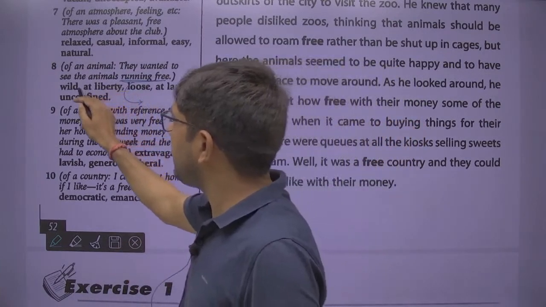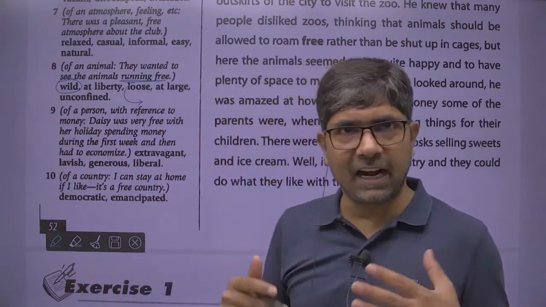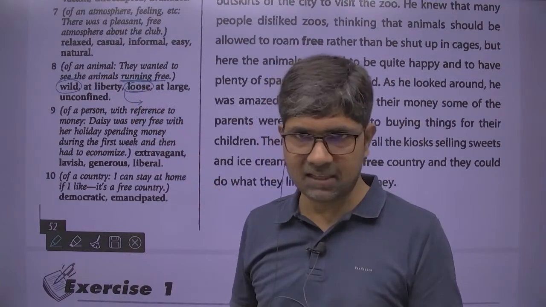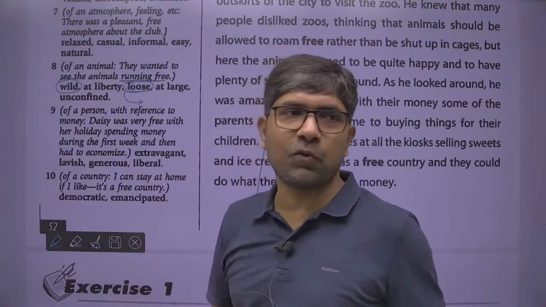So see the animals running wild, running at liberty, running loose. It means they were not chained. If you want to see the animals running free, it means you unleash the chain. You unleash the dog means you just leash ko hata diya, patta hata diya, and now it behaves in its free nature.